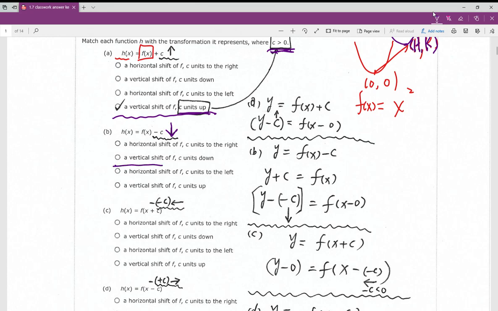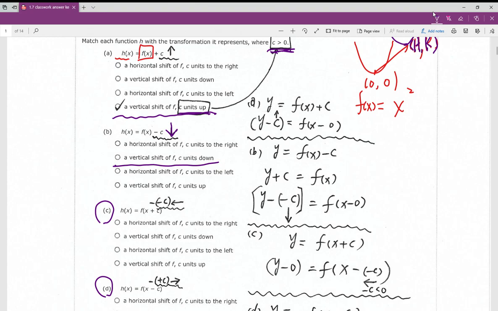Right? C units down. Now the hard part is C and D. And after you understand C and D, then you will have more questions come up. But let's talk about part C first.